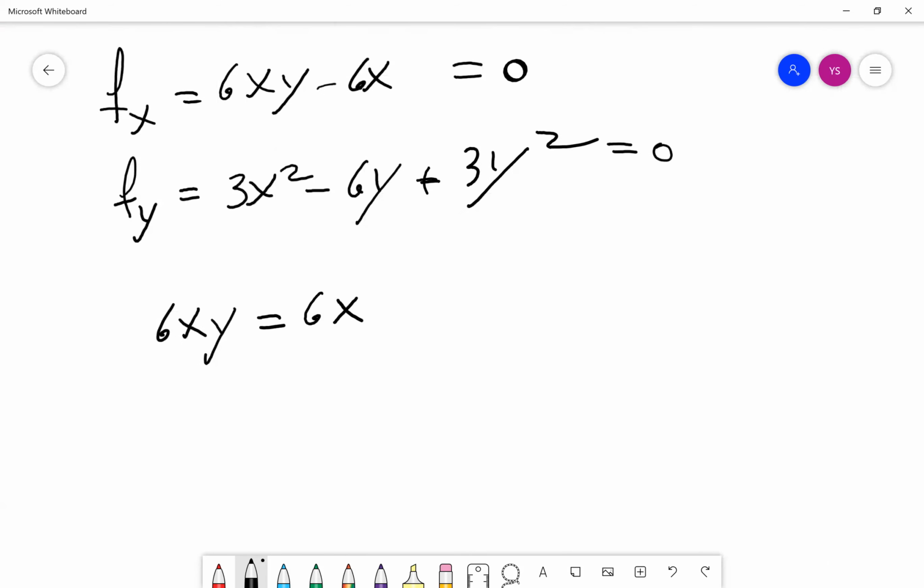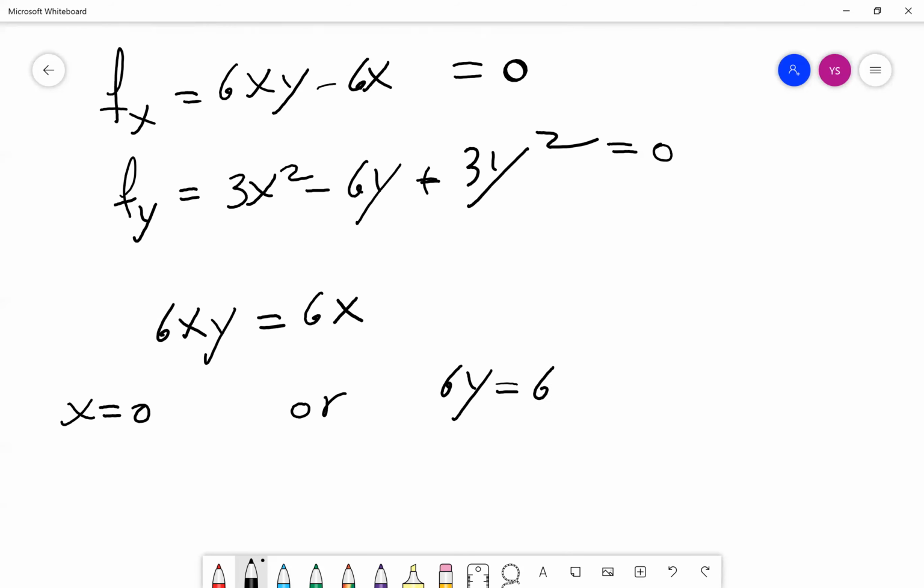So of course we can divide by x, but only if x is not 0. So either x is equal to 0, or we get 6y is equal to 6, which implies that y is equal to 1.